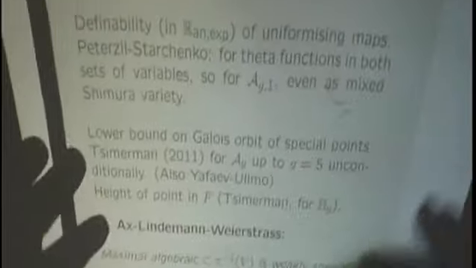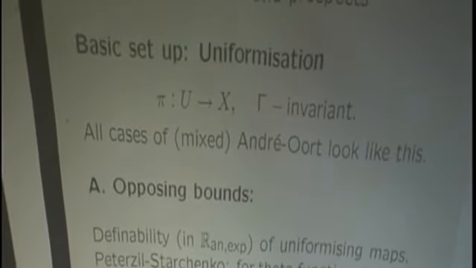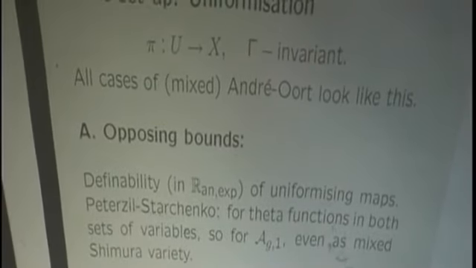So what are the ingredients that you need? Of course, every Shimura variety has some kind of transcendental uniformization, which is invariant by some discrete subgroup. For the upper bounds, you need definability of the uniformizing maps. Peterzil and Starchenko have established that for theta functions in both sets of variables.